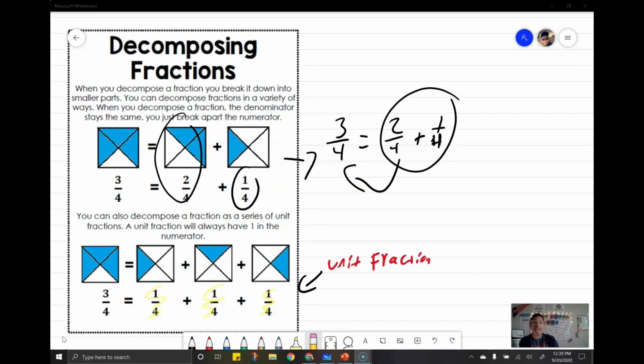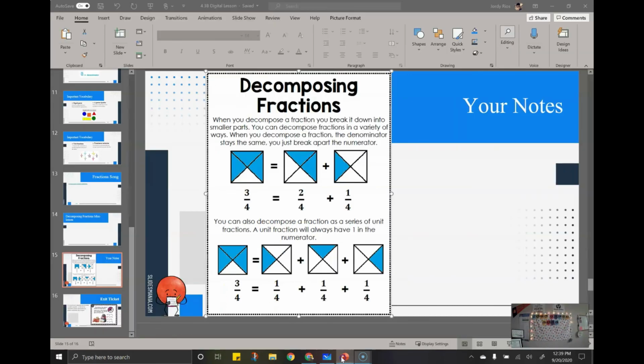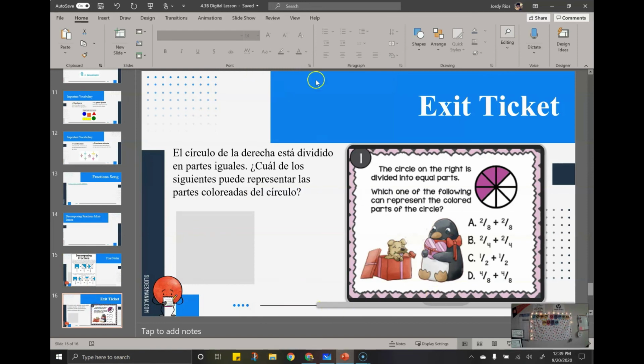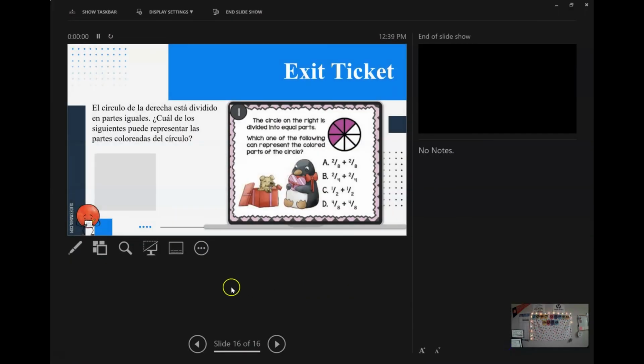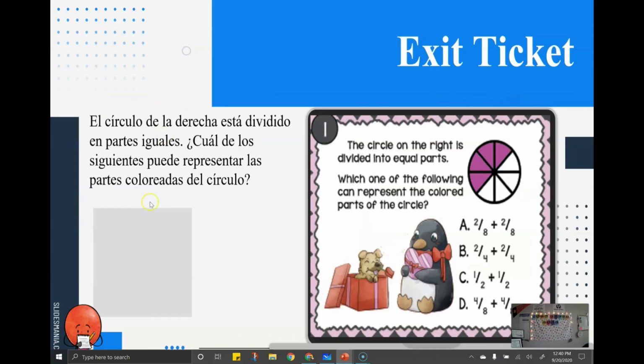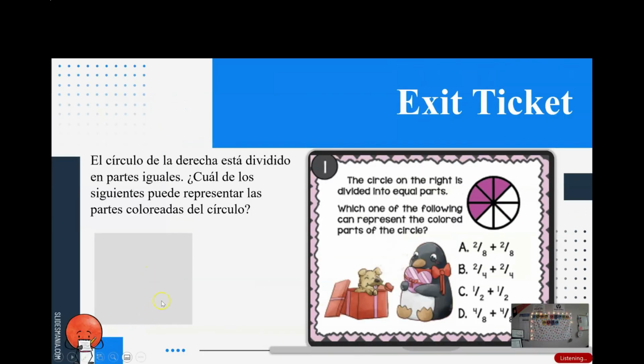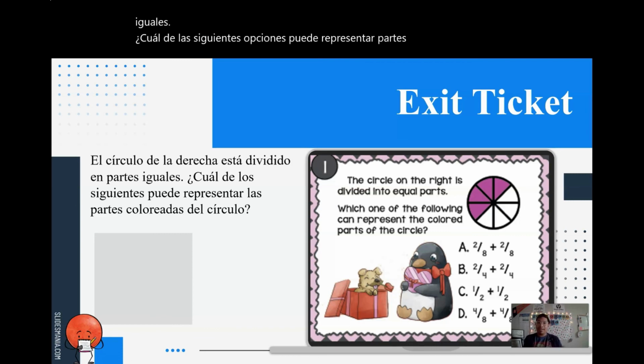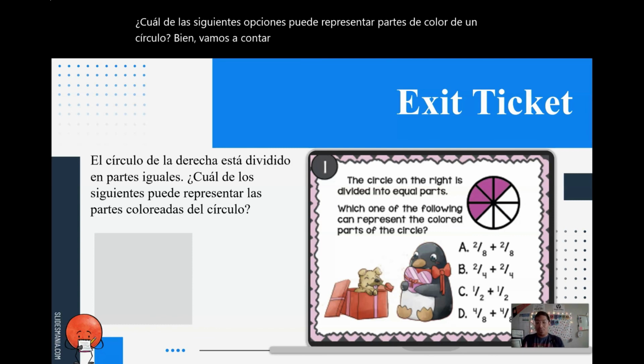Let's look at our exit ticket, okay? In our exit ticket it says, the circle on the right is divided into equal parts. Which of the following can represent the colored parts of the circle? Okay, let's count how many equal parts there are. 1, 2, 3, 4, 5, 6, 7, 8.